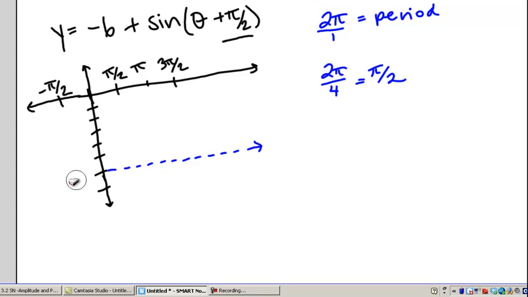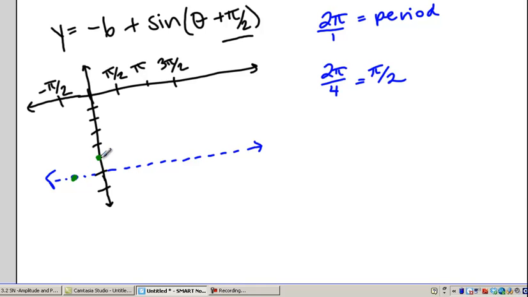I'm going to erase this just to have a little bit more room. Now, this is sine, and sine starts at the sinusoidal axis. My 6 is still in the way. So it starts at the sinusoidal axis. It's going to go up 1.